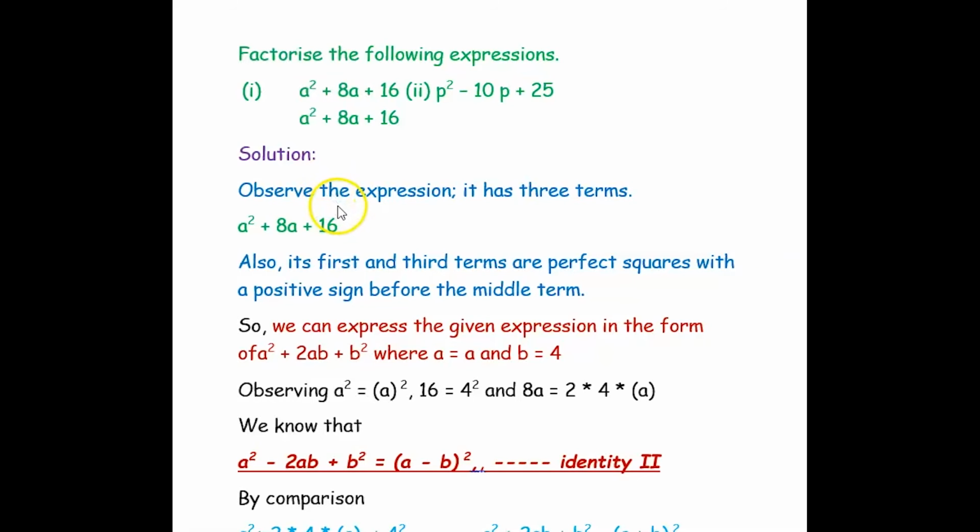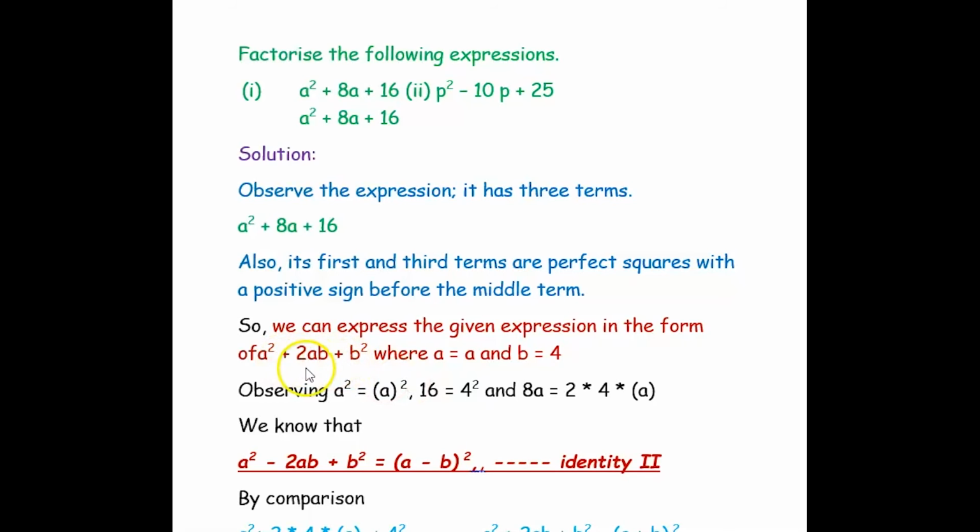Now if the condition is like this, we can express the given expression in the form of a square plus 2ab plus b square. So the condition is that the first and last terms should be perfect squares, followed by either plus or minus in the middle term.